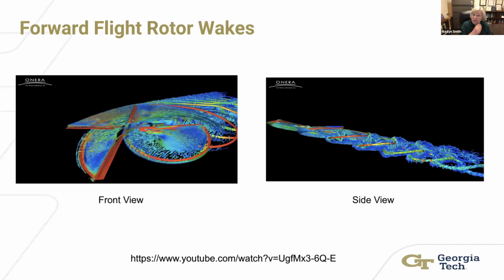Now, here's a great example of a rotor wake. This is actually just snapshots from a movie done by my colleagues at Onaha. And you see here, this is what it looks like in forward flight. So you see these tubes here, that is your tip vortices, and you see they come around, and they come close to and actually hit the other rotor blades as they're going around and around.